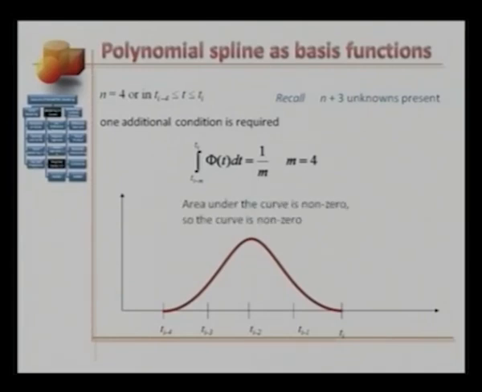We have seen that the area under the curve is non-zero, so that the polynomial spline is non-zero in between the values Ti minus 4 and Ti. We call this a fundamental spline. And I'll tell you the reason why we call this a fundamental spline a little later.